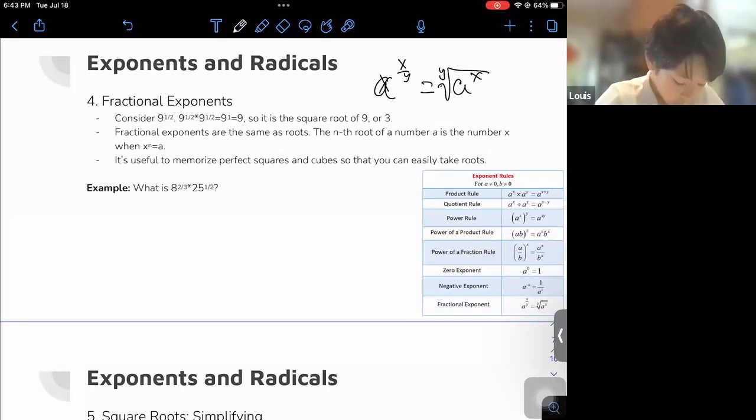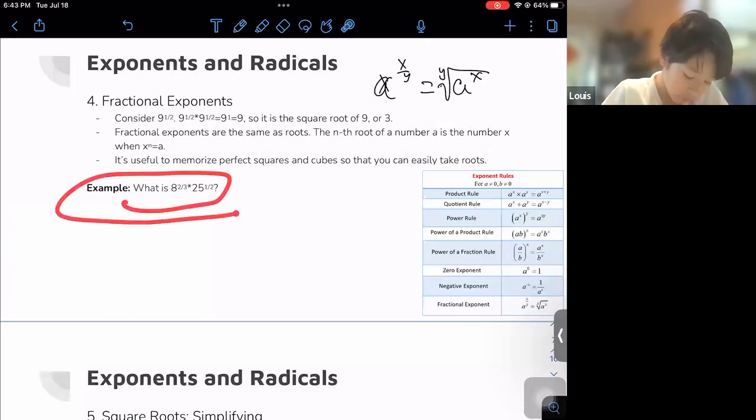So yeah, I will give you guys a few minutes to try and solve this problem.